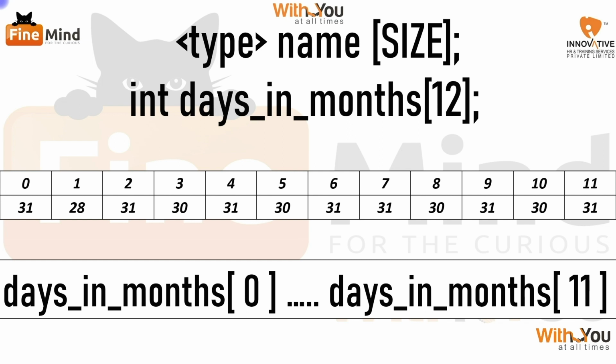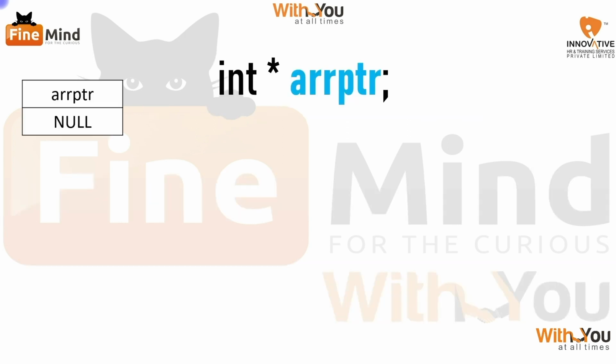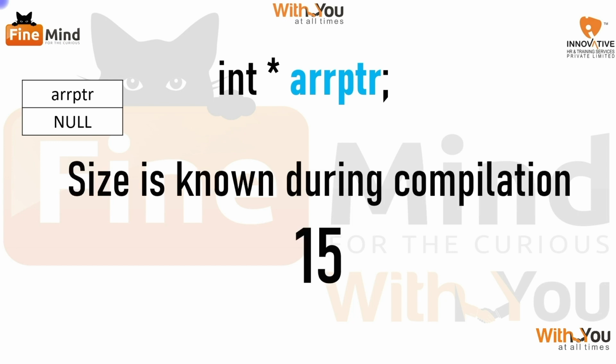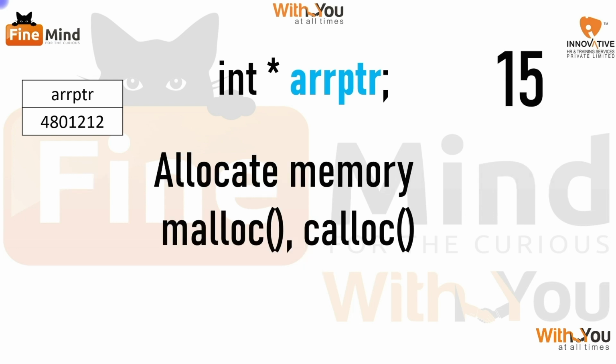What if you do not know? How do you specify? Int star ARRPTR. ARRPTR becomes an identifier that has been given the value null. Let's say the size, known during the compilation time, is 15. All we need to do is allocate memory using malloc or calloc. Let's presume I have used calloc and the location is 4801212.